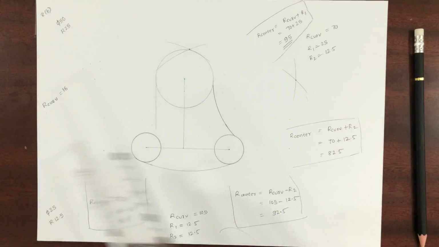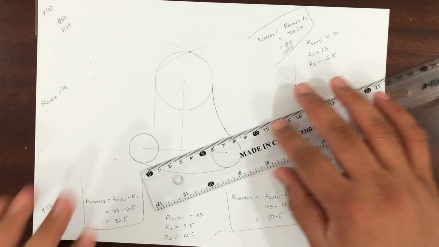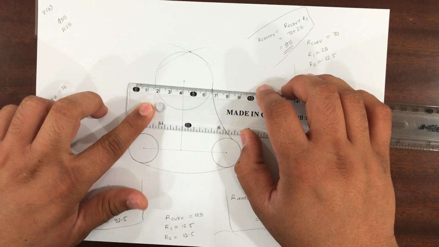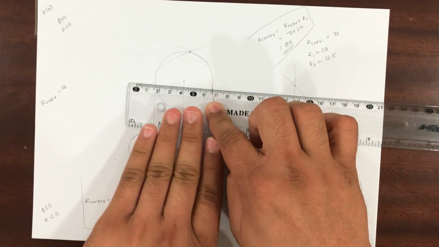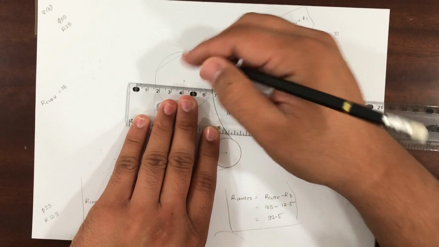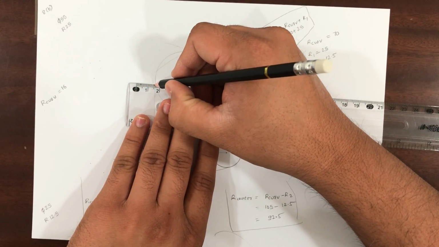So now from here, keep the scale at 16. Okay, the radius of curvature is how much? 16. Now measure 16. See, 0, 10, 15, 16.